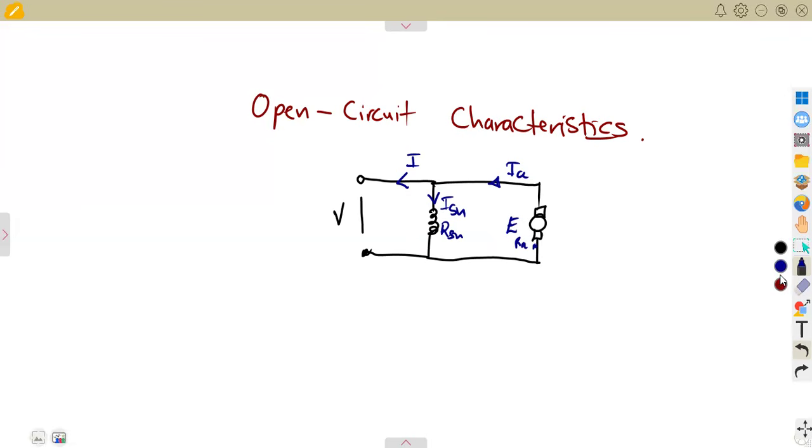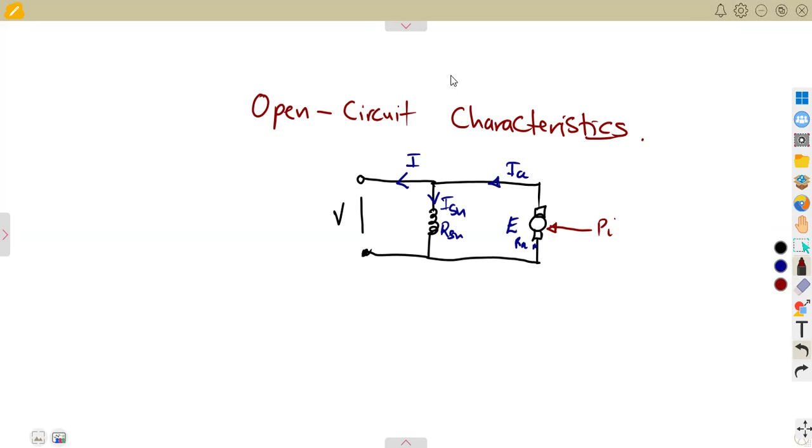Considering this part, there are so many things that we have, but I'm not going to go into a lot of it. We know that when we are working with a shunt generator, the generator is supplying current at the end, which is fine.